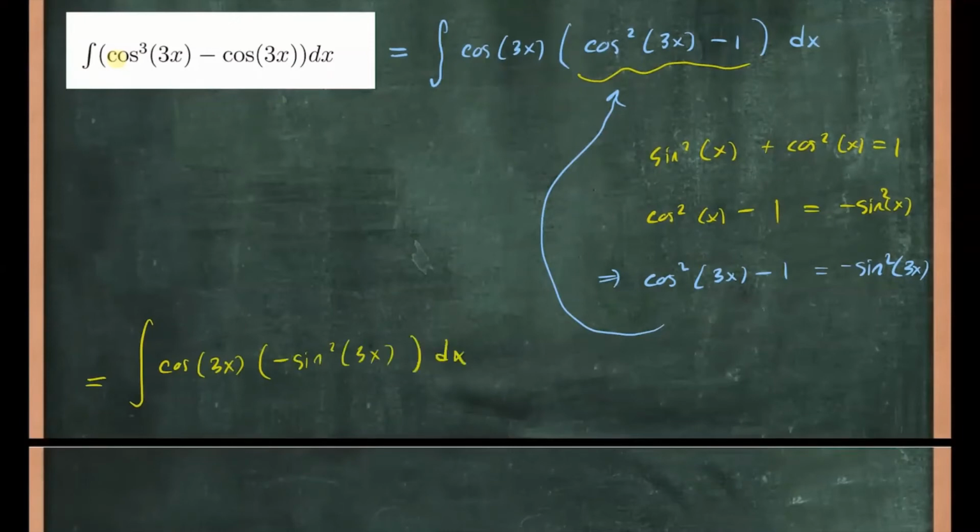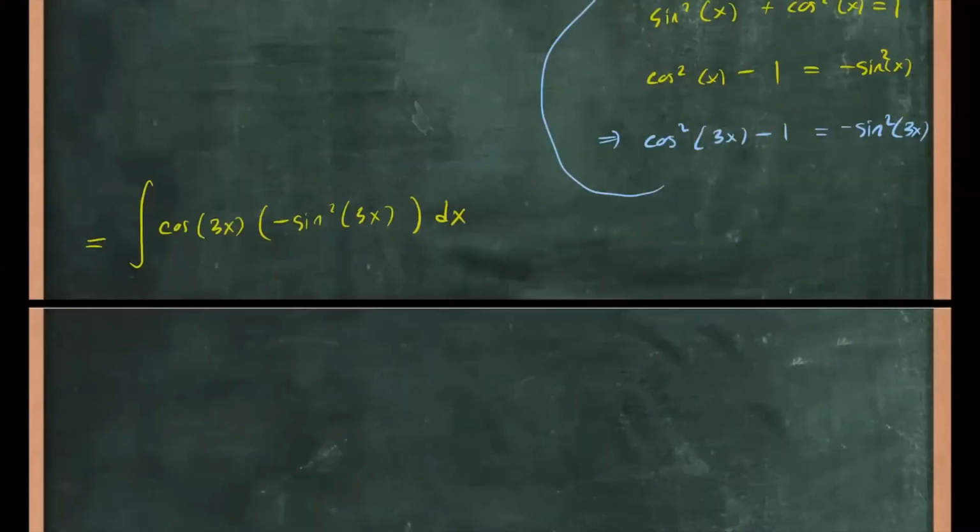All right, so now that's easy to integrate. We can use u substitution. So I'm going to pull out the negative 1 and rewrite it. So we have negative integral of cosine of 3x times sine squared of 3x dx.